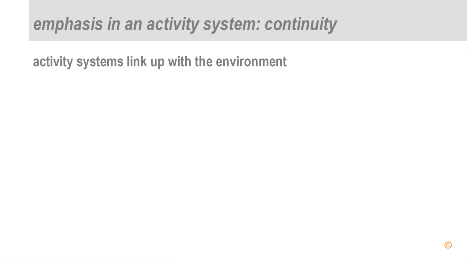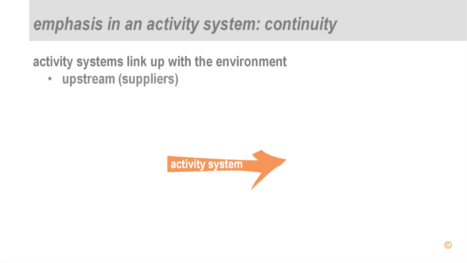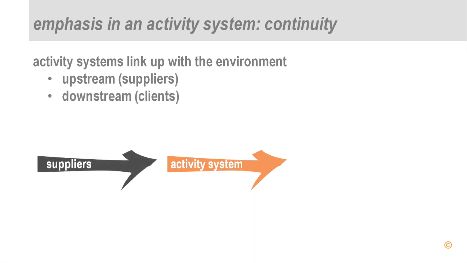Or put differently, the MEI continues to flow from one system to another along supply chains. For example, if the orange arrow represents the business process of my organization, then there's an upstream link to our suppliers and a downstream link to our clients.